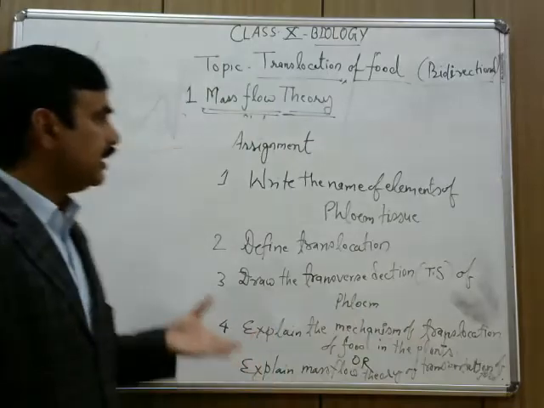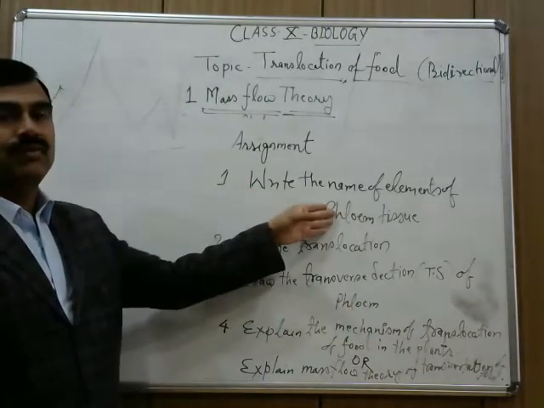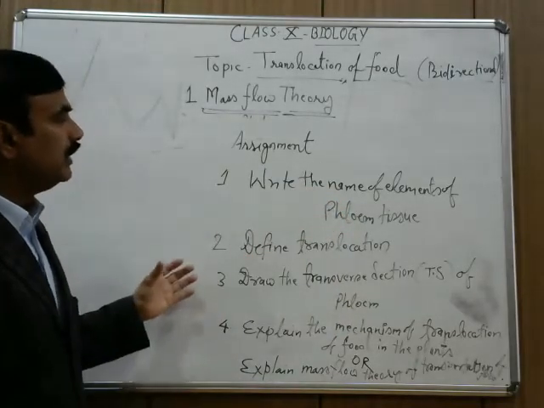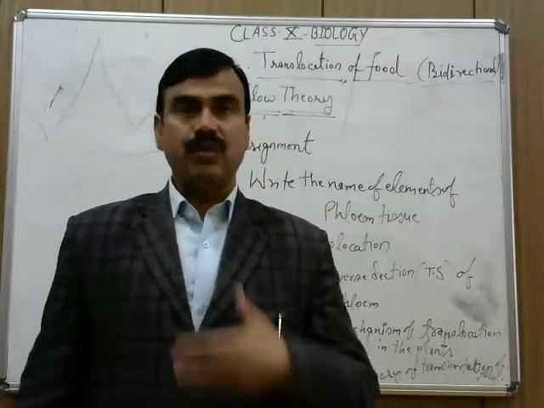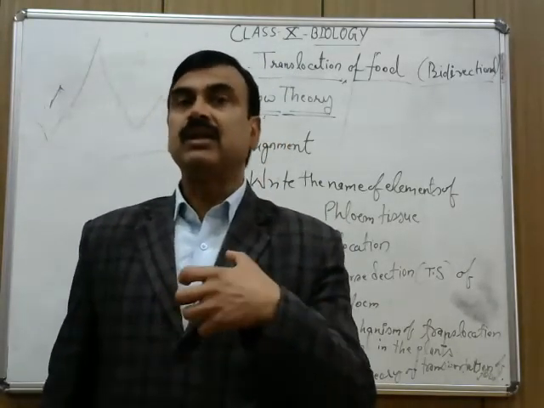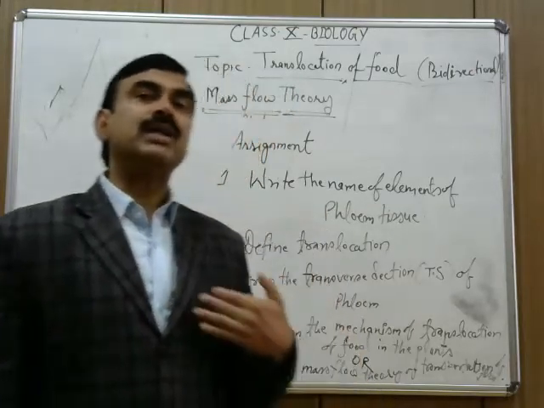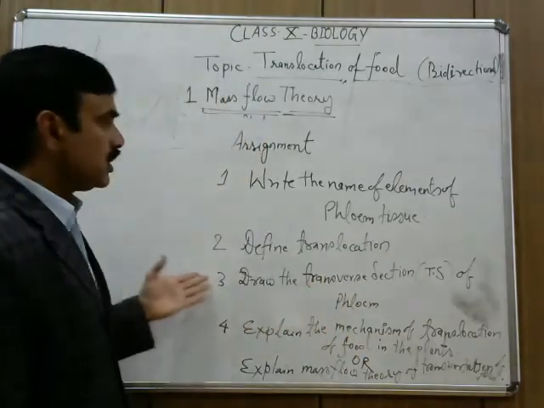First would be the names of the elements: phloem sieve tube, phloem companion cell, phloem fiber, and phloem parenchyma. The second one is translocation: the transportation of solutes from one place to another. Solutes means dry matter, the glucose or carbohydrate. The transportation of it from one place to another in plants is called translocation.